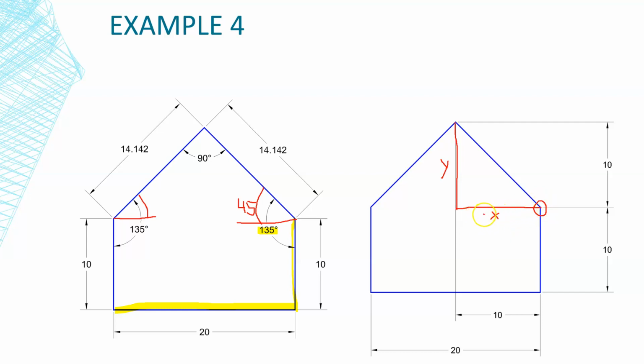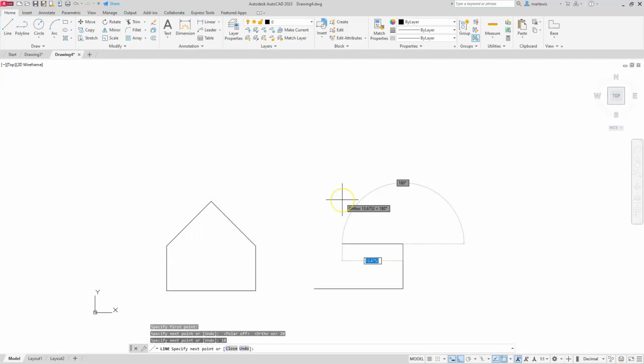Our X dimension will be a negative value, and our value going up in the positive direction for the Y direction should be a positive number. Always remember that the syntax is X first and then Y. So I'm going to type in -10, comma, and then I need to go 10 up in the Y-axis.